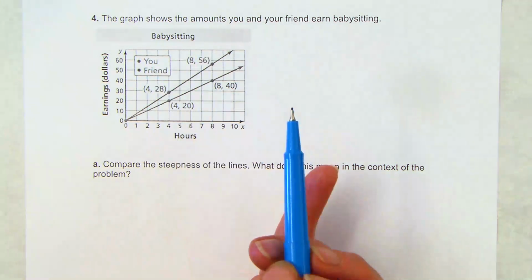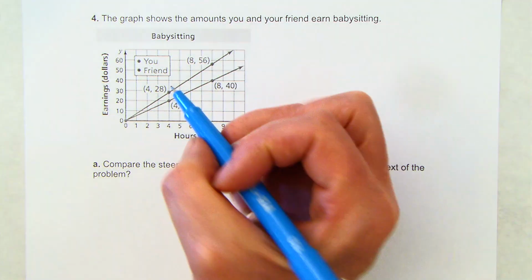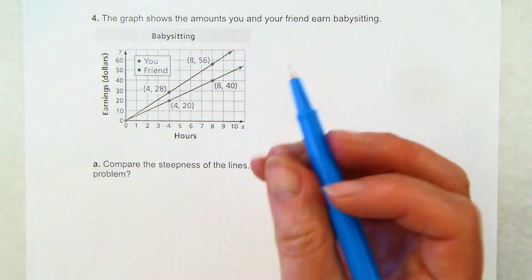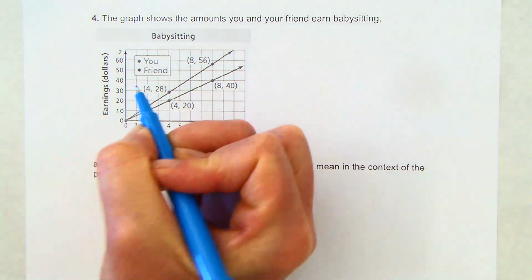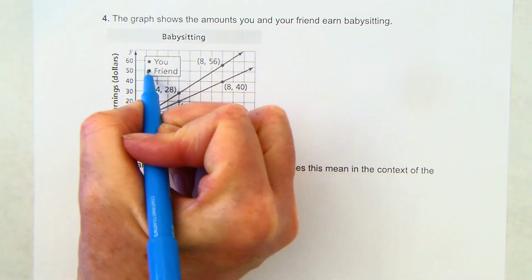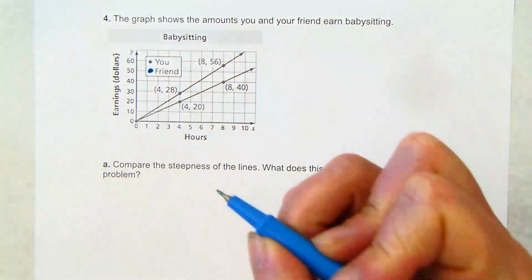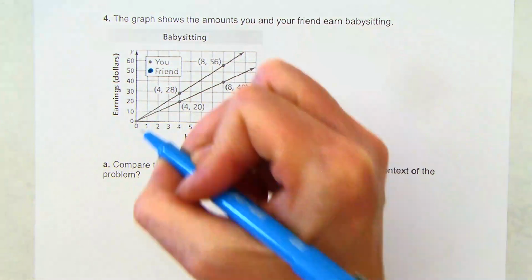This graph shows the amounts that you and your friend earn babysitting. But the problem being that if you're looking at it online, you can see it colored, but if you have my notes, then they are not colored. So you need to add color here. I think the friend is the blue, and that is the top line.